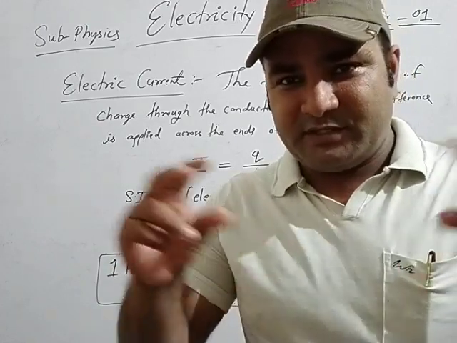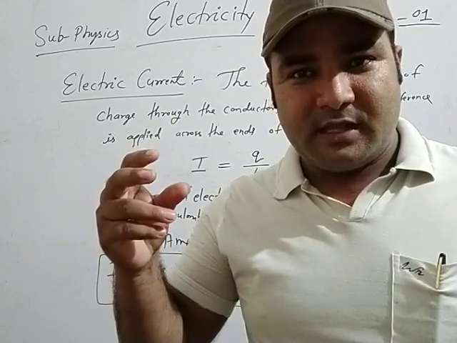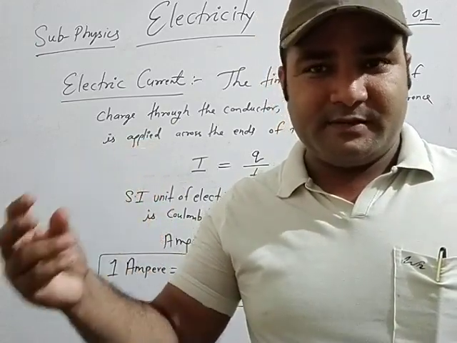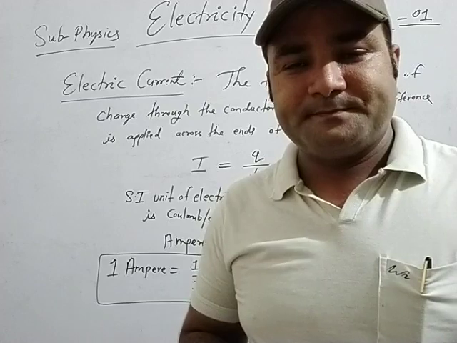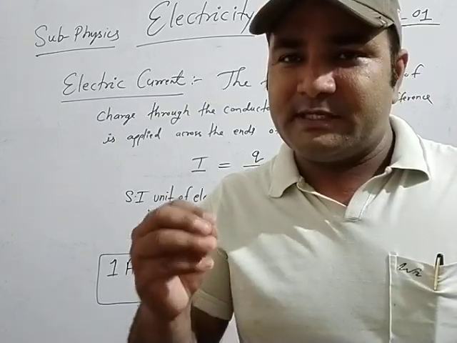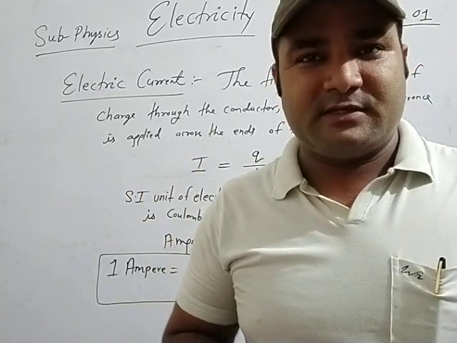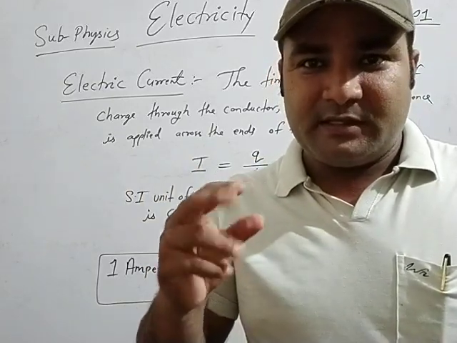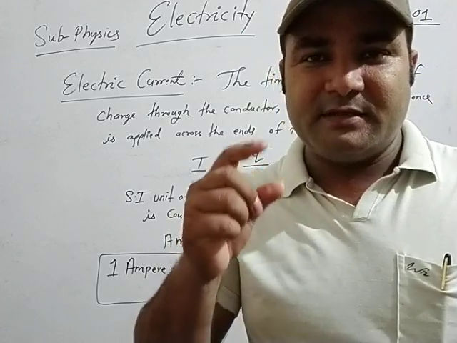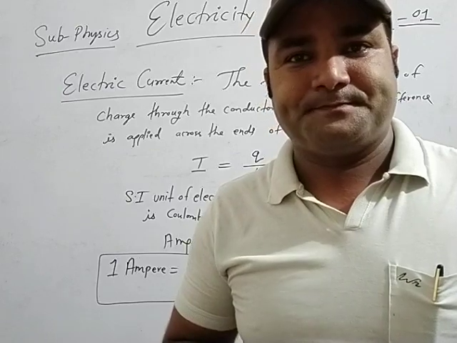But when we apply potential difference across the ends of the conductor, then electrons drift from the negative terminal to the positive terminal, and there are so many electrons. So whenever we take the average velocity of electrons, there is the concept of drift speed, and that drift speed defines the flow of electric current.